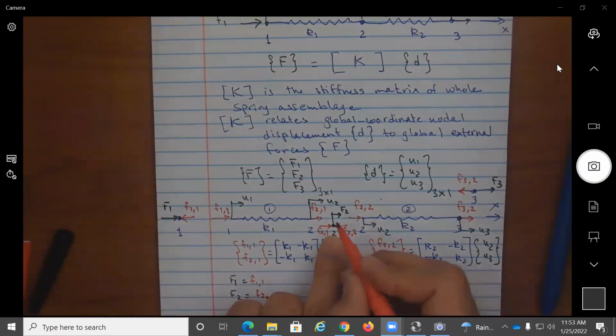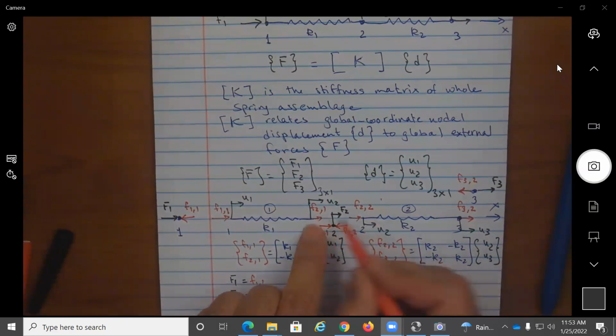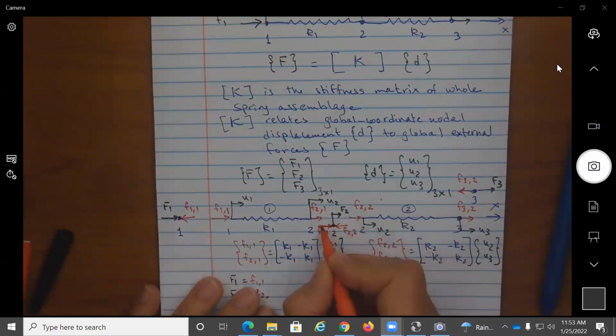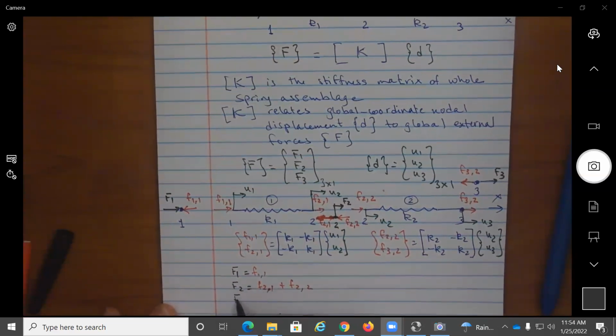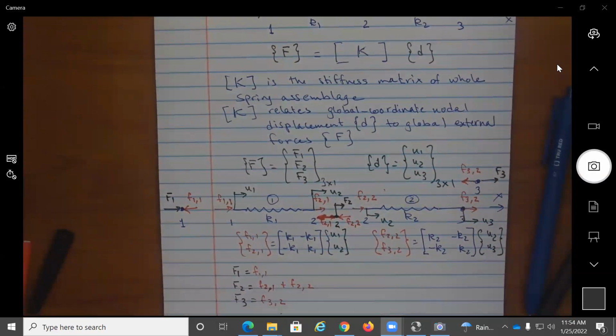I'm sorry, I made a mistake here in the direction. They're both going in the positive x direction, so these should all be going in the negative. So that would tell me that this F2 is equal to F21 plus F22, and F3 has to be equal to F32.